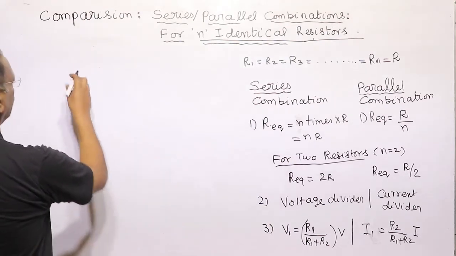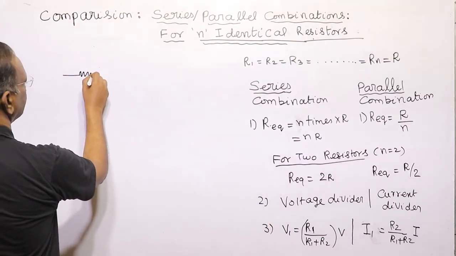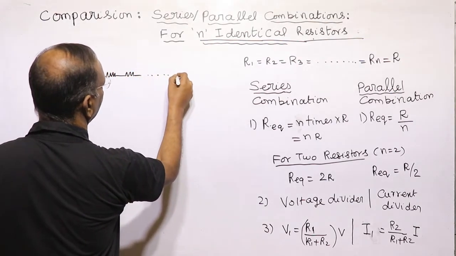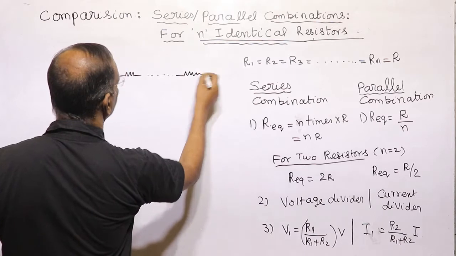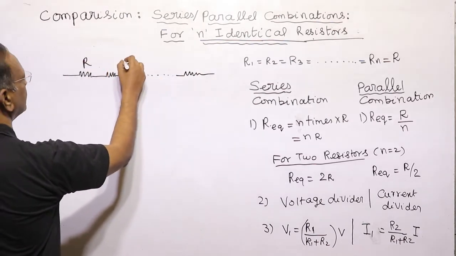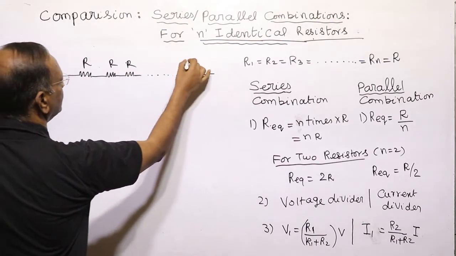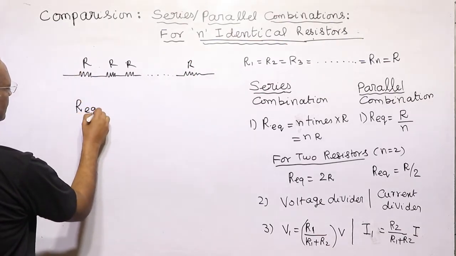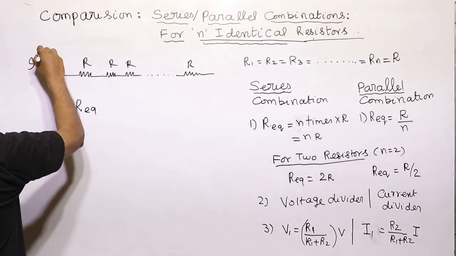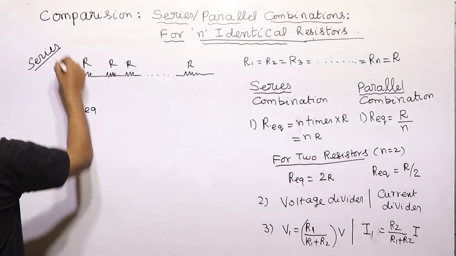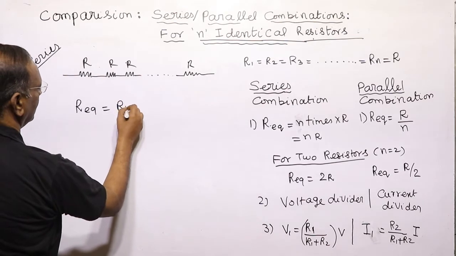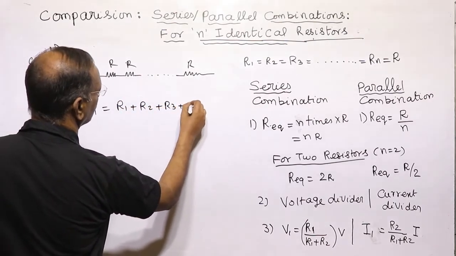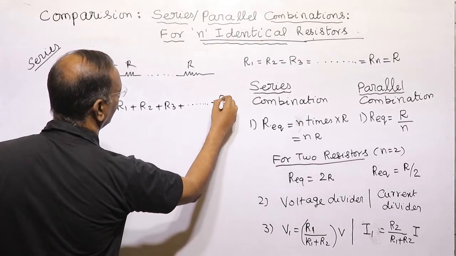Let us see for the series. For series, 1, 2, 3, and we have connected n number of resistors in series. For R equivalent, this is for series combination. R equivalent is equal to R1 plus R2 plus R3 up to Rn.